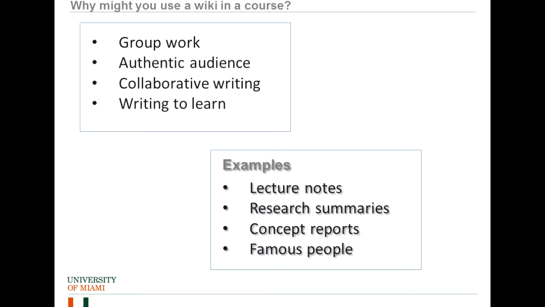Let me give 4 examples of wikis in classes that I've run into. The first one, lecture notes. For every unit, one student is assigned to enter their lecture notes into the wiki. Other students are then told to look at it and improve it. So everybody's contributing, and by the end of the semester, you've got this full set of lecture notes that people can reference or study from or whatever.